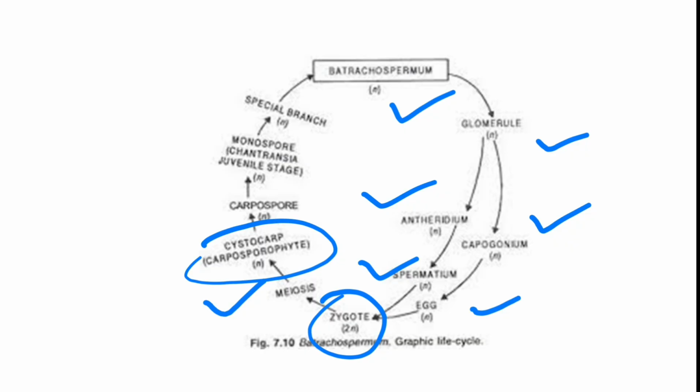Then carpospores are released into the environment. They settle down and form the chantransia stage. The chantransia stage develops to form the adult Batrachospermum plant. Sometimes Batrachospermum releases monospores to form more chantransia filaments, which develop to form Batrachospermum.